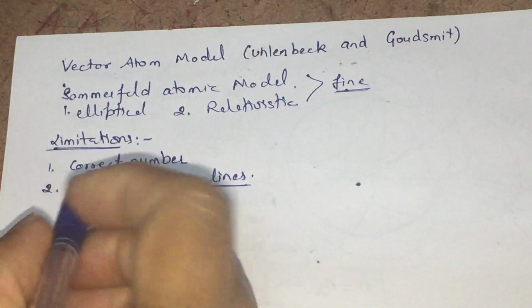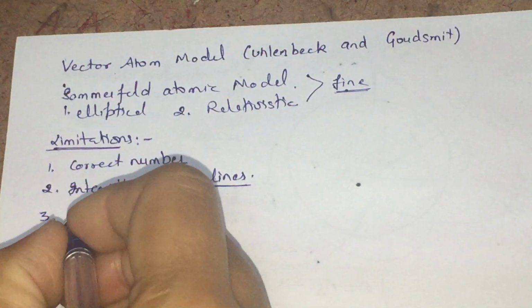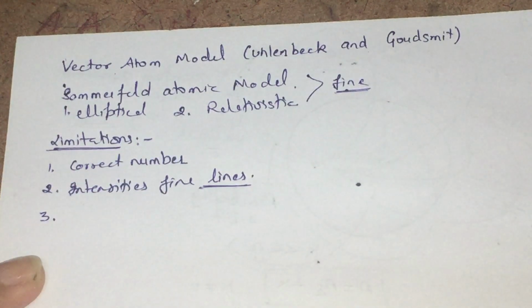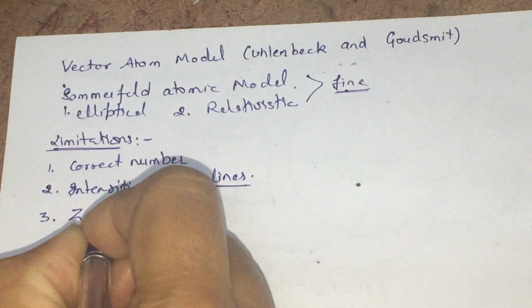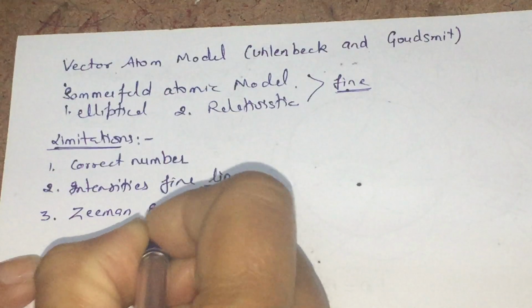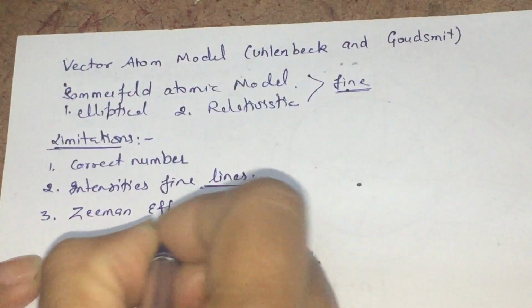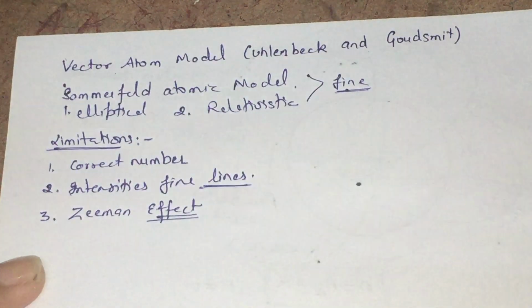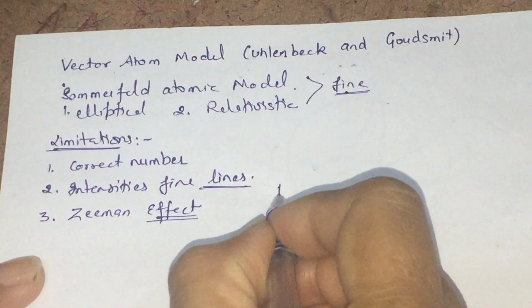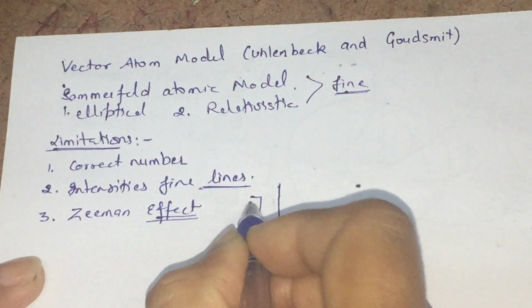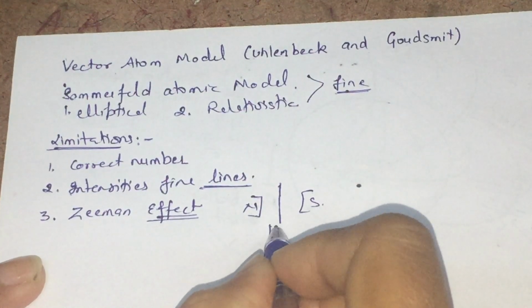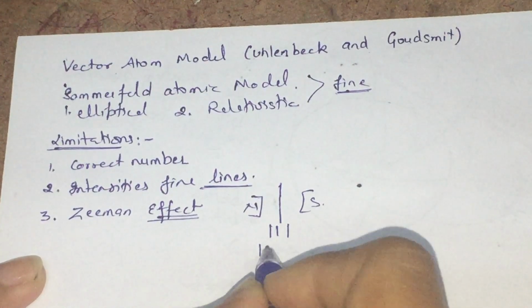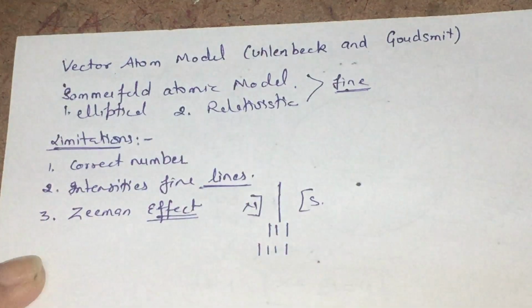Third limitation of this Sommerfeld atomic model was that it was unable to explain the Zeeman effect, that is, the phenomenon in which when a spectral line is placed in a magnetic field, it gets split into 3 or 4 or 6 parts.